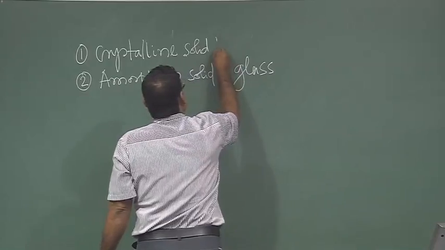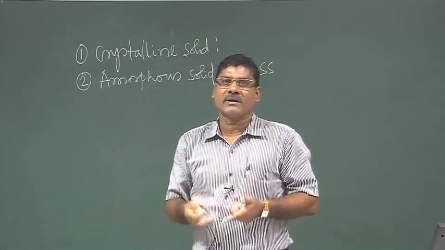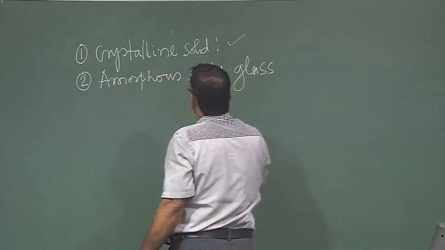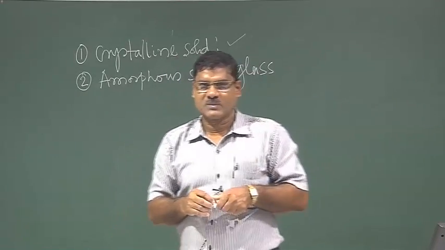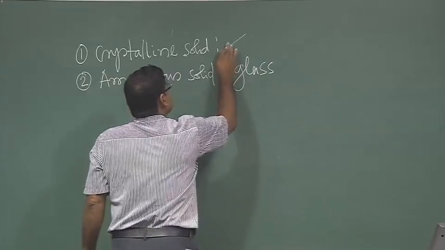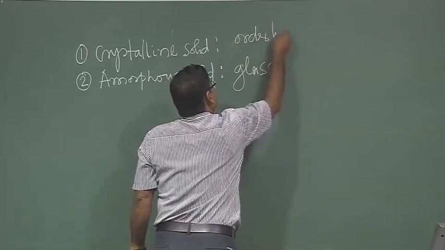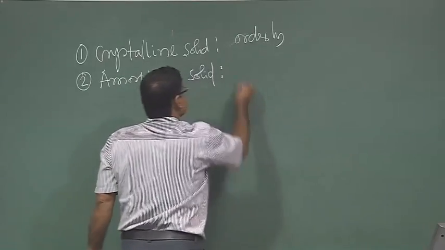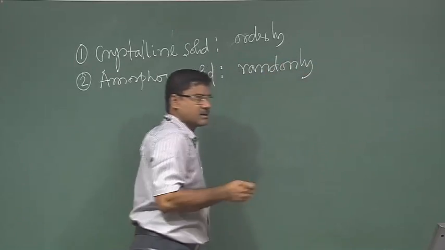Let us define. A crystalline solid is one where atoms are arranged orderly in the solid. When atoms are not arranged orderly, but are arranged randomly in the solid, then it is called an amorphous solid.